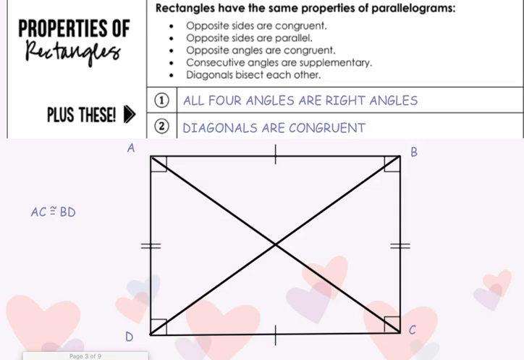Just adding to our little toolbox of properties here, guys. 4 right angles, which I feel like we knew without even having to talk about it. These are right angles in the corner. And then our diagonals are congruent. So AC equals BD in this picture here.